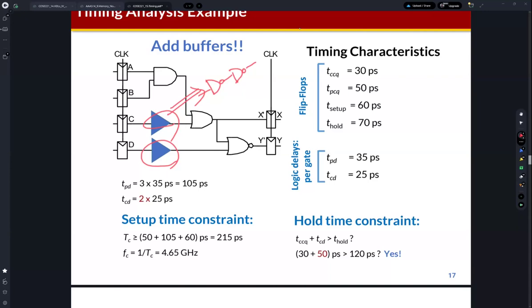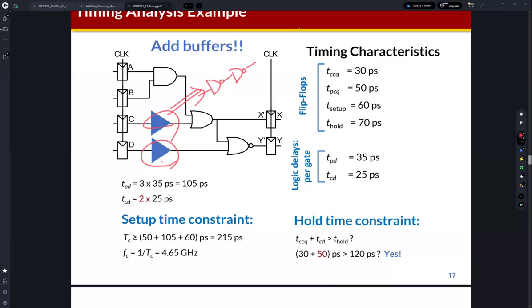It is interesting, right? We need to add some circuits to solve the hold time constraint. It means that we need to invest. We need to include more gates, which means the cost can be increased.